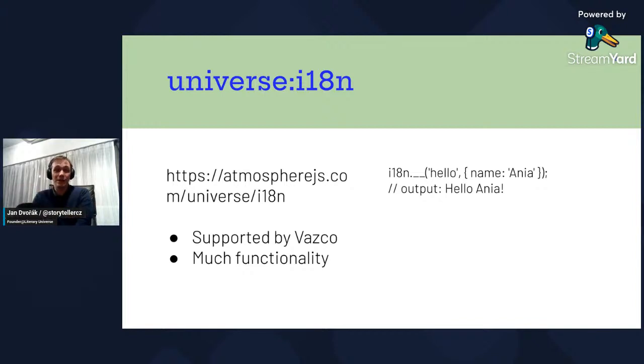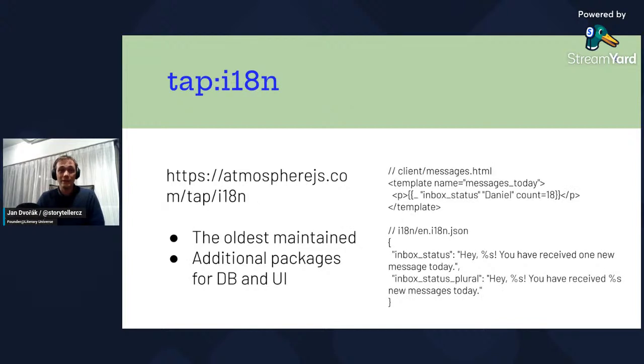You have the i18n object, two underscores, then you define the ID, and then any additional variables. You can use JSON, YAML files, and a lot more. So definitely one of the first choices to check out if you are looking for Meteor i18n.